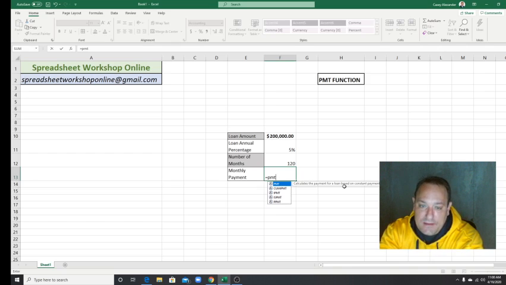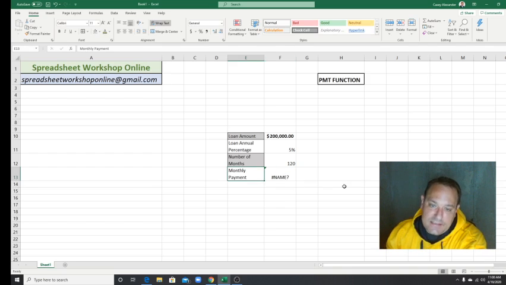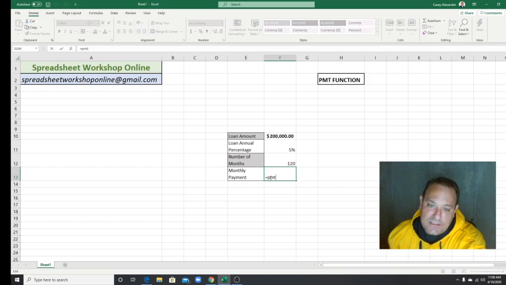So we type in PMT, and because this is a financial function, I always like to put a negative sign in the beginning. The way Excel has this set up, if you don't put a negative sign in there, it's going to kick out a negative number, meaning it's taking money away from you. But I always like to put the negative sign in there so that two negatives equal a positive.